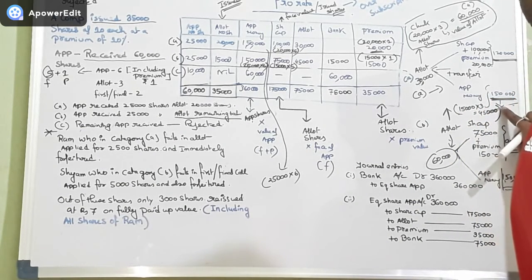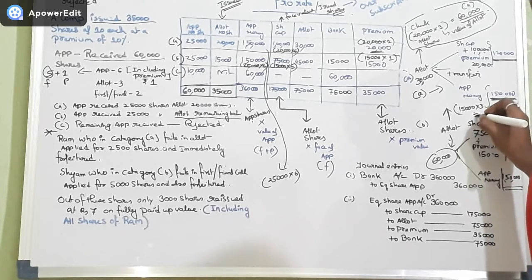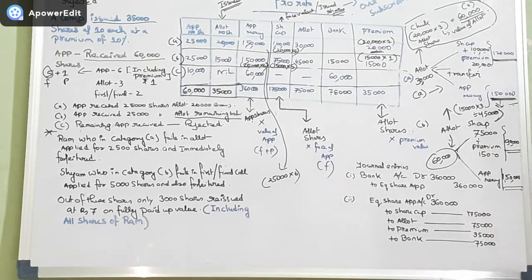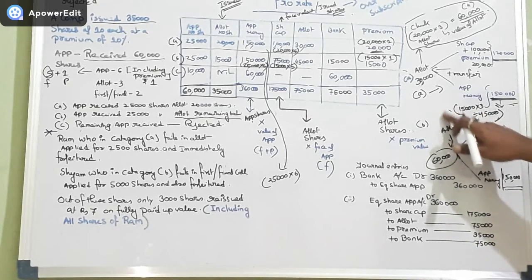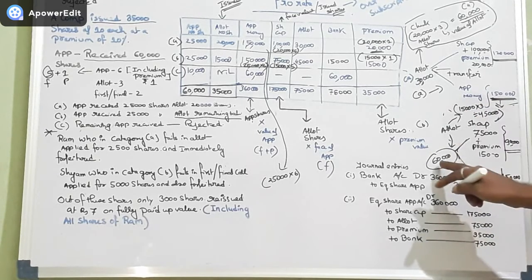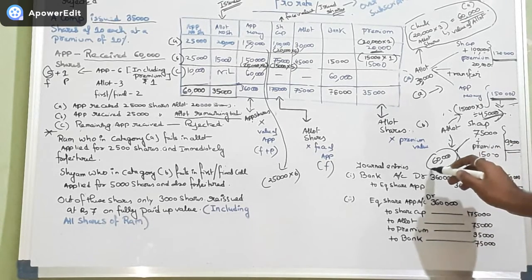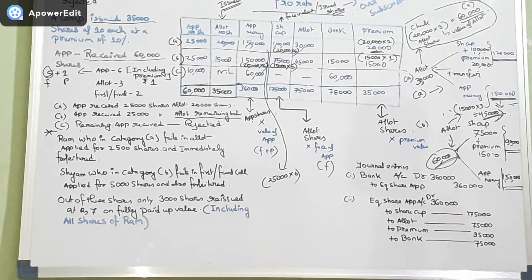So here the allotment value is 45,000, but how much are we transferring? 60,000. So it is more than the allotment value. My fund in the allotment is 45,000, but there is an excess in application money, a surplus of 60,000.